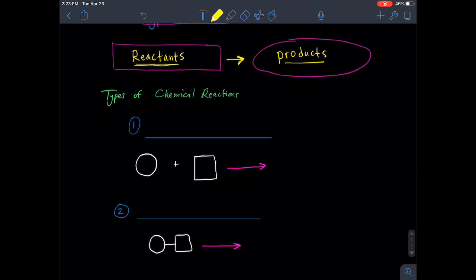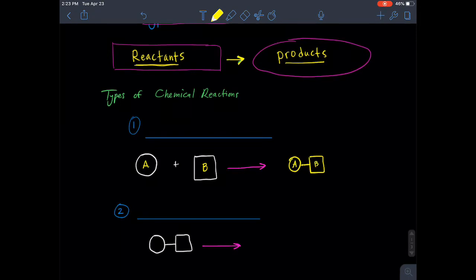All right, so when that happens, the first type of thing that can happen is you can start with 2 things. We're going to have a circle that we'll put an A in, we'll call that element A, and a square that's going to be element B. What can happen sometimes is that the circle and the square will actually join and share a bond with each other, and it'll become its own molecule. This one that has the circle and the square bonded together is different than when the circle was by itself or when the square was by itself.